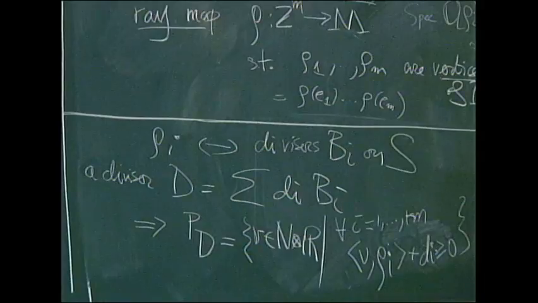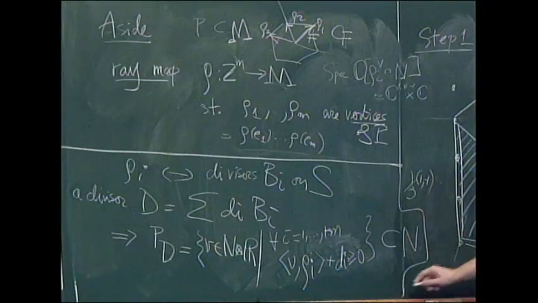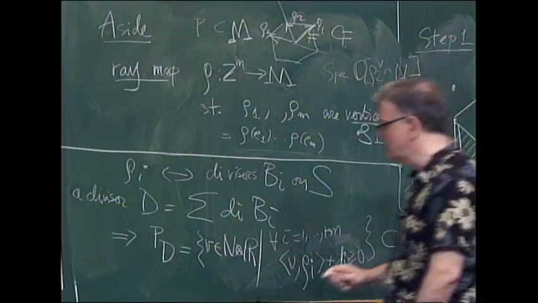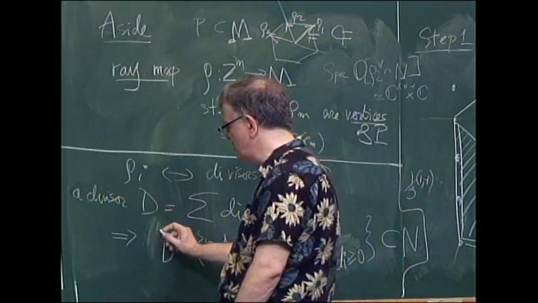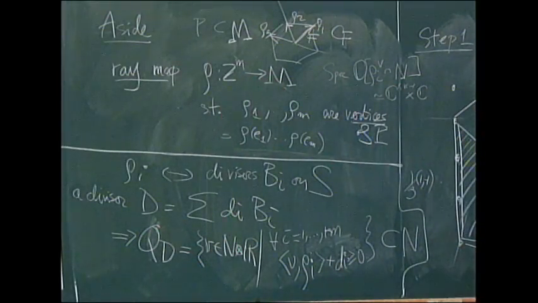So this is a polytope in N. So it's a bit of a mouthful, but I did promise I was going to get a little bit technical. But out of a divisor on S, I get a polytope, maybe I should call it Q, actually. I get a polytope Q in N, okay?